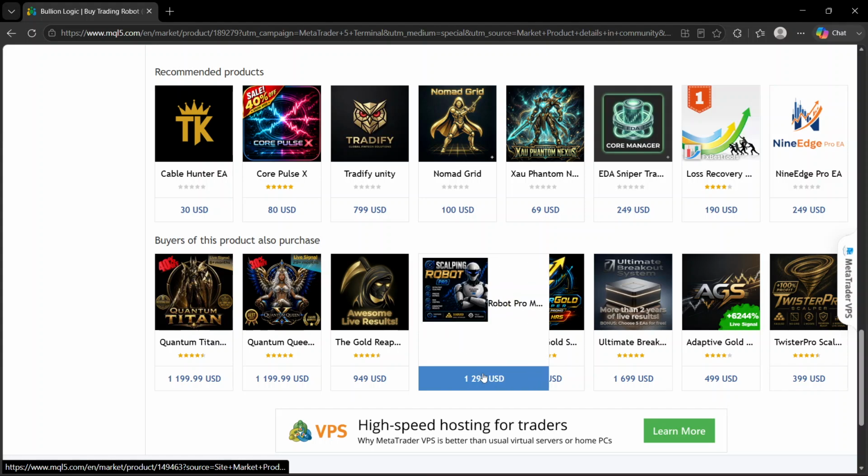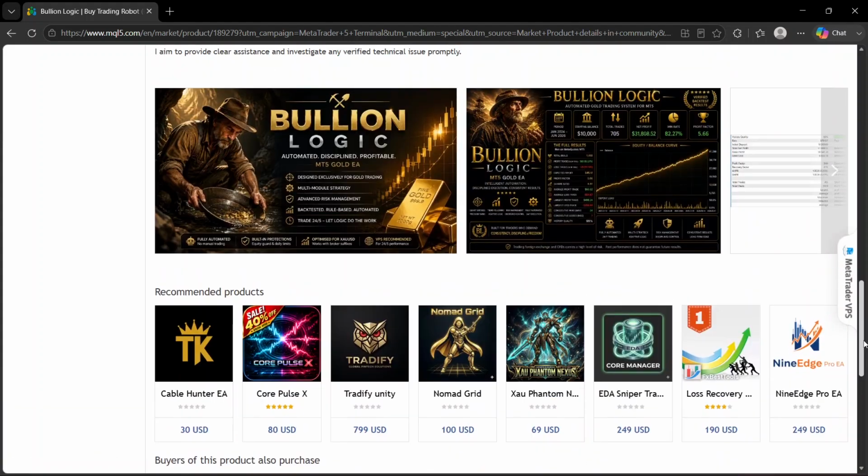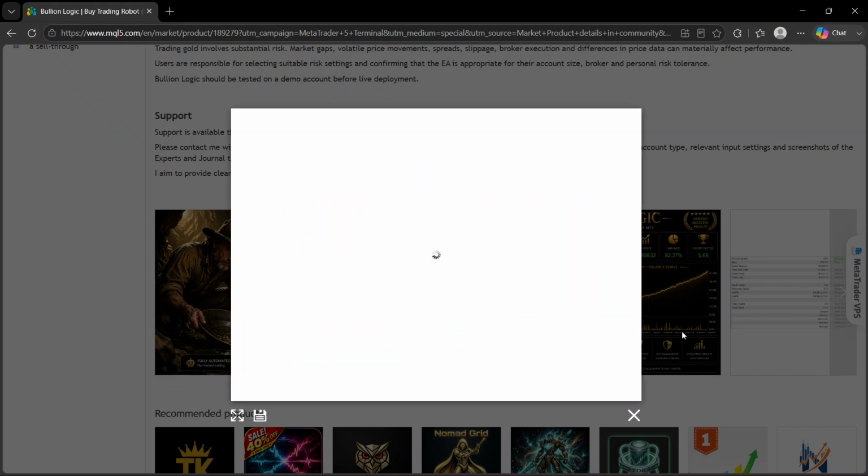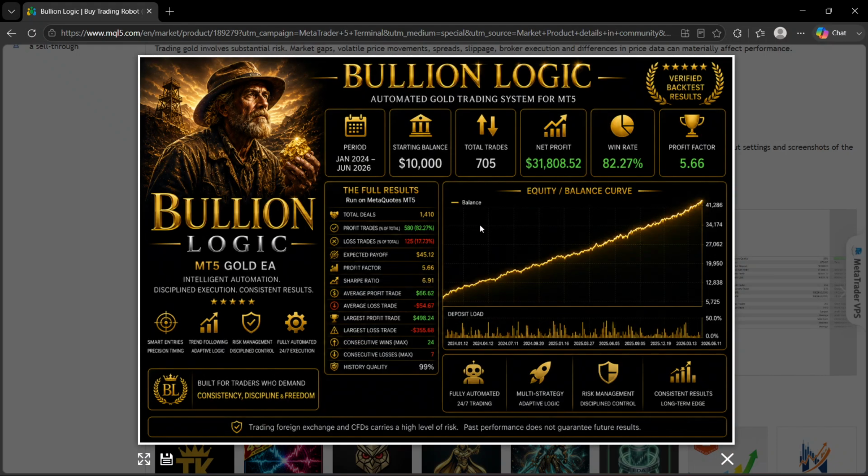Let's look at the claim. If we look over here, we can see the claim: 705 total trades, 10k starting balance for a period of 1.5 years, January 2024 to June 2026, and a net profit of $31,000.